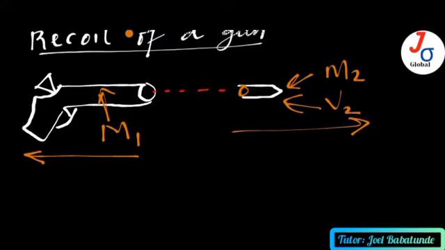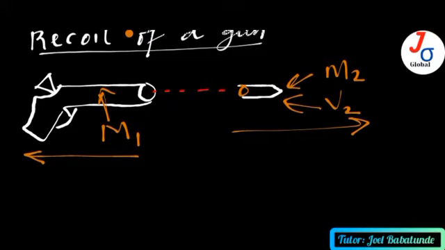That's why there's always precaution when you're handling a gun. There are trainings to handle the recoil of the gun, because when the bullet goes forward, the gun has to go backwards. It has to be balanced.